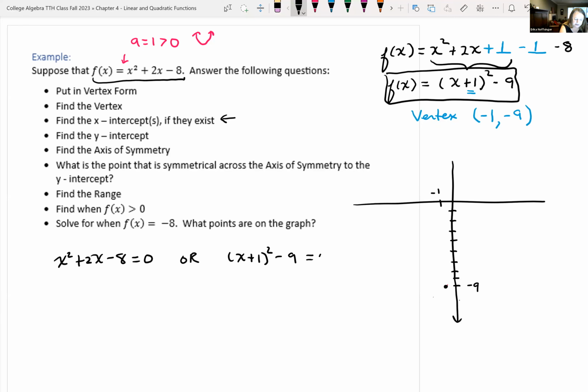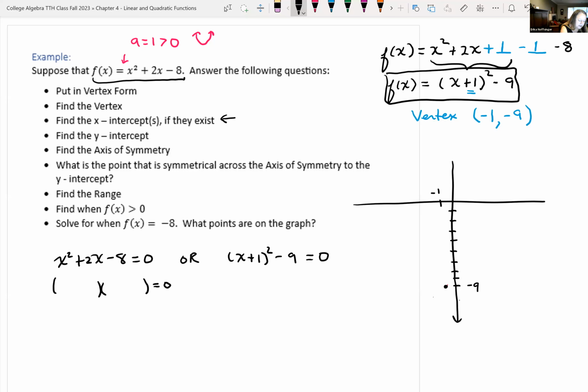When is that equal to 0? Sometimes when it's in vertex form, it might be easier because we could just use our square root method that we've talked about before. Or if it's in standard form and not vertex form, see if you can factor it. In this case, I see that either way is going to be fine. It's factorable, so we might as well just go through that way.